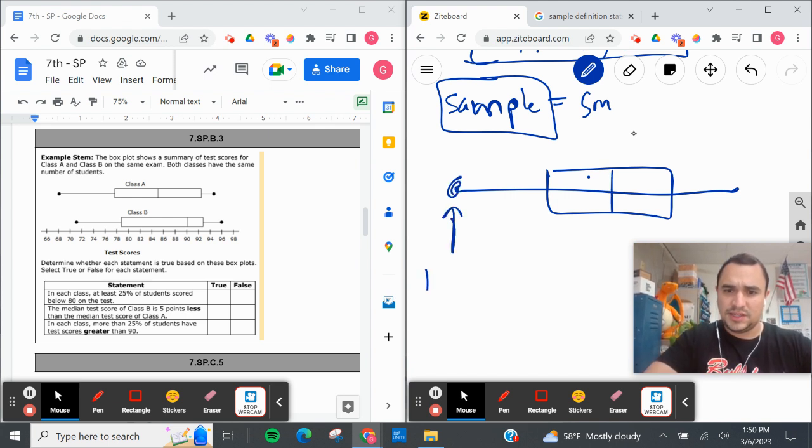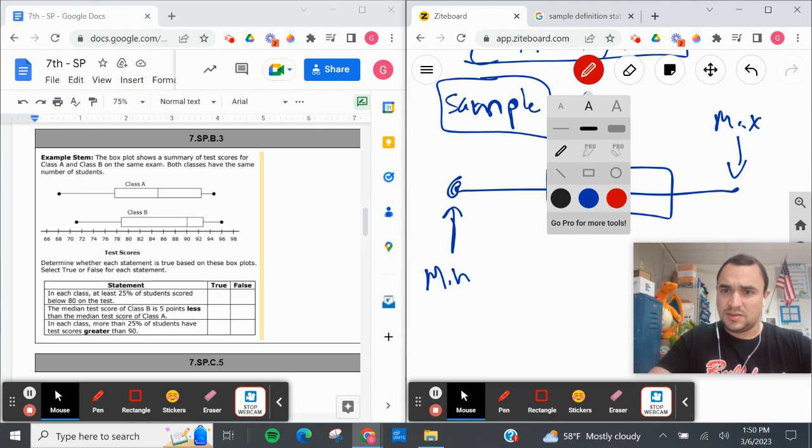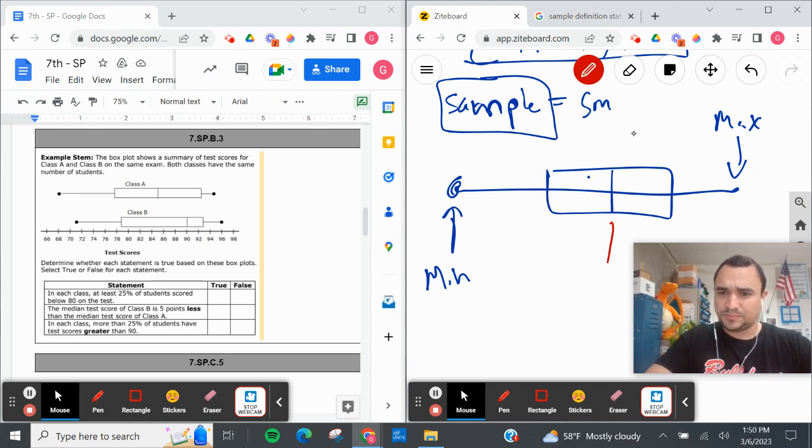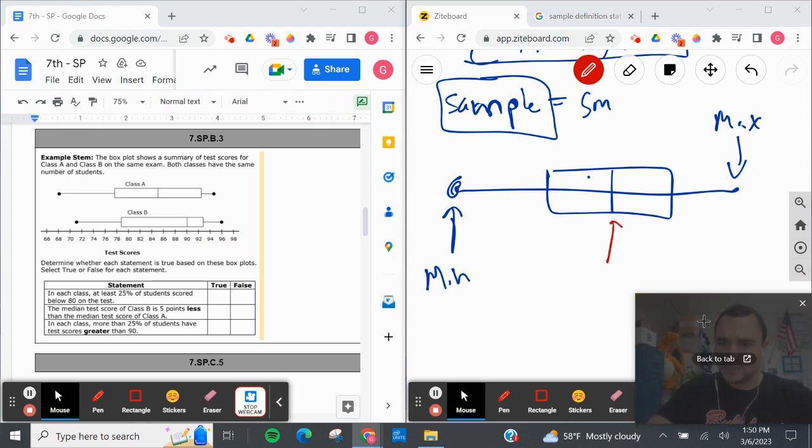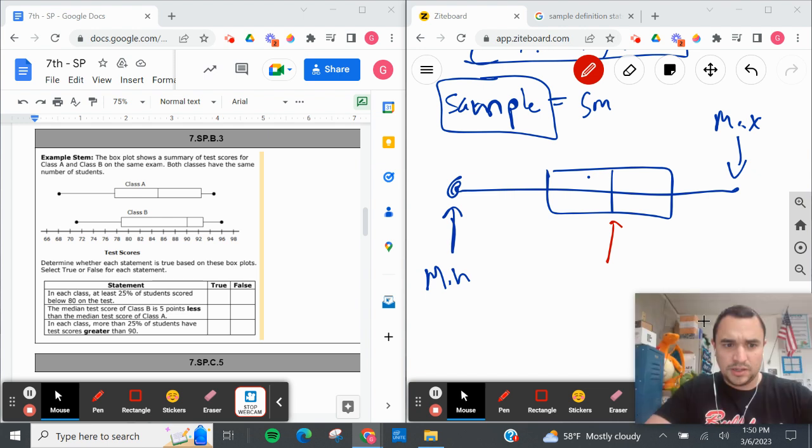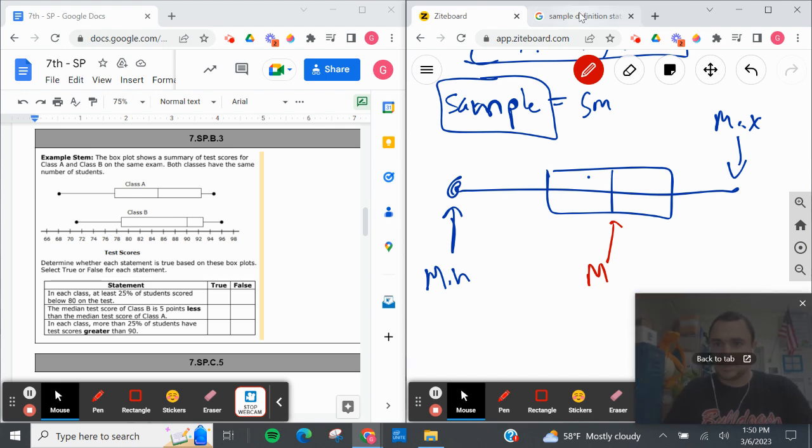So this right here is the minimum. This right here is the maximum. This right here, that is our mean, I believe. Let's do the box plot.